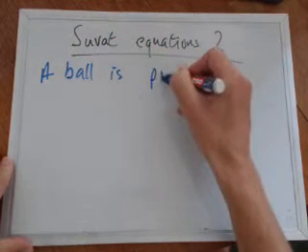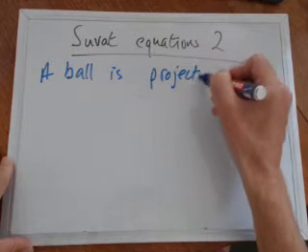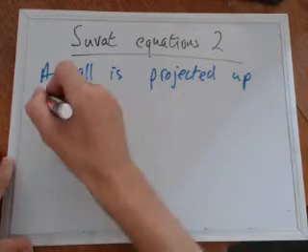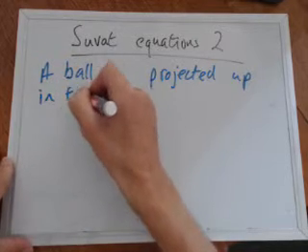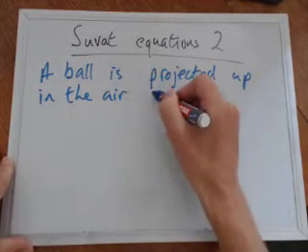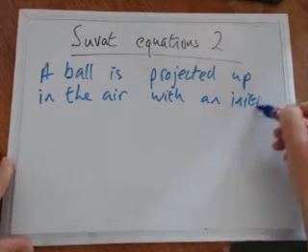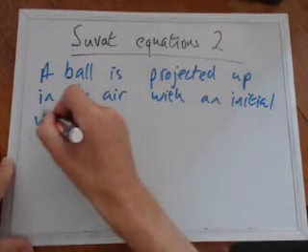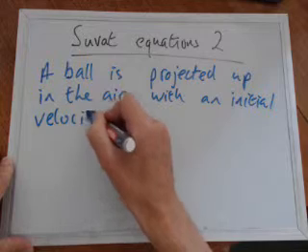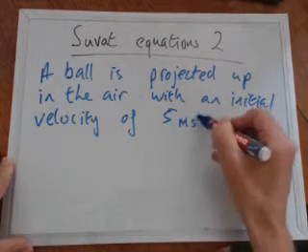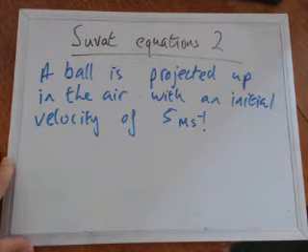A ball is projected up, that's vertically up, in the air with an initial velocity of 5 meters per second.